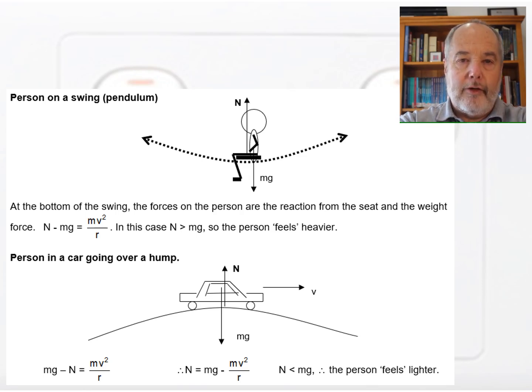If you were travelling in a vertical circle and at the top, you are going to feel lighter, because the normal reaction is going to be given by mg minus mv squared over r. If you are going fast enough, then the normal reaction is 0, and at this point you will feel apparently weightless.